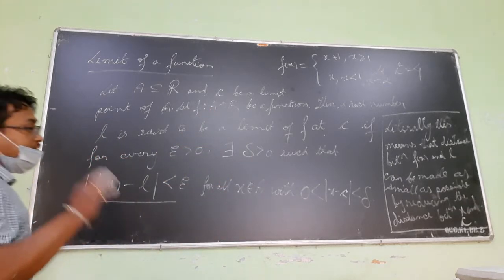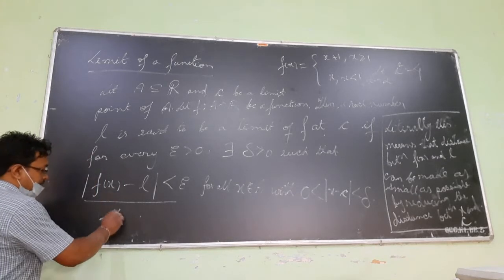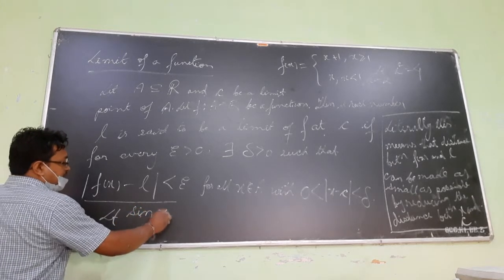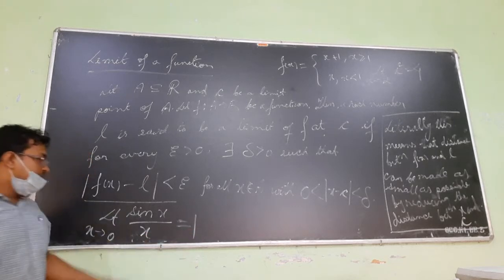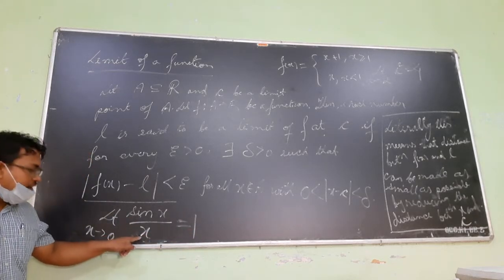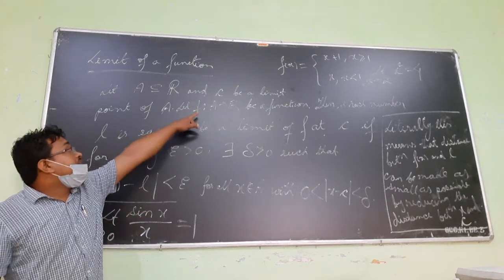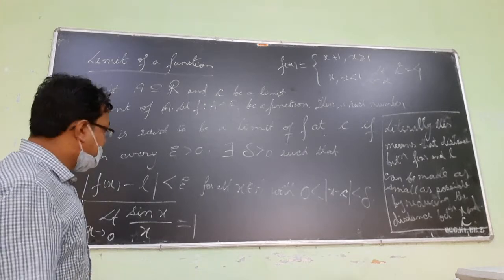Even then the limit may exist. For example, in your higher secondary you have done the limit as x tends to c of sin x by x. This limit is 1, but the function is not defined at x equal to c. So it may happen that this point c may not be inside the set A.